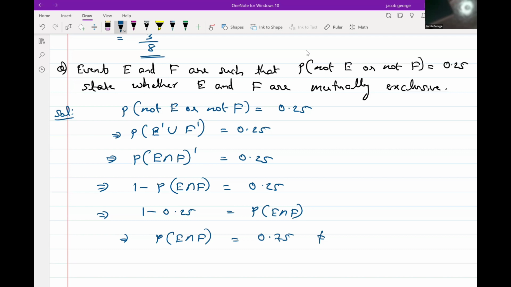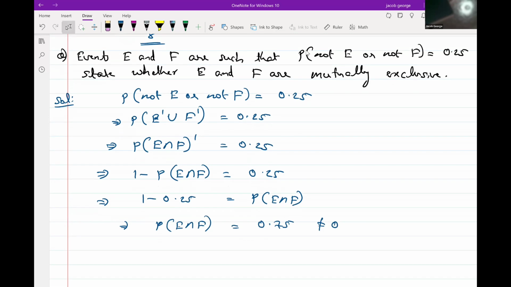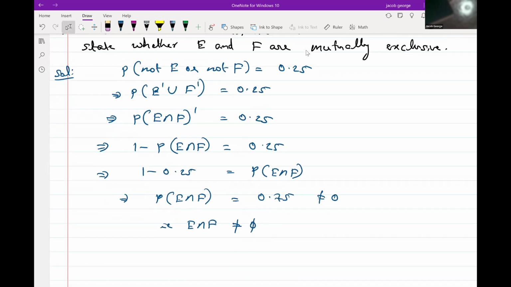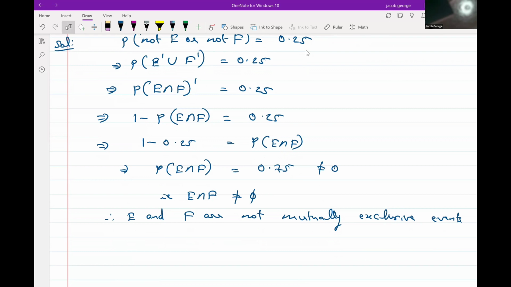That is not equal to 0, which means E intersection F is not equal to null set. Therefore, E and F are not mutually exclusive events.